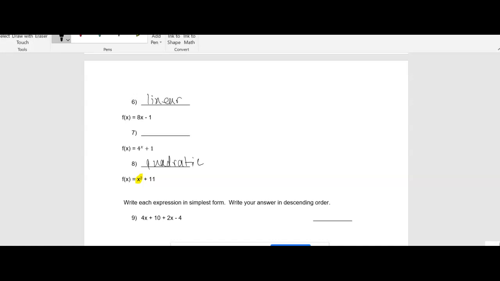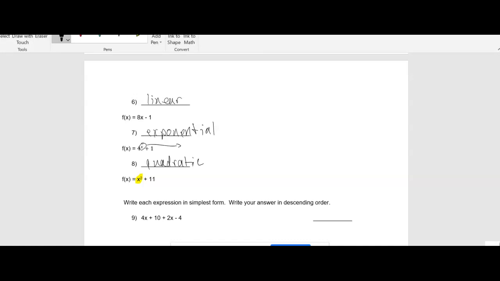And then 7 is exponential. Good. Yeah. And how did you determine those, or are you not sure? Because for 6, I know that for 7, the x is like it's to the power of x.